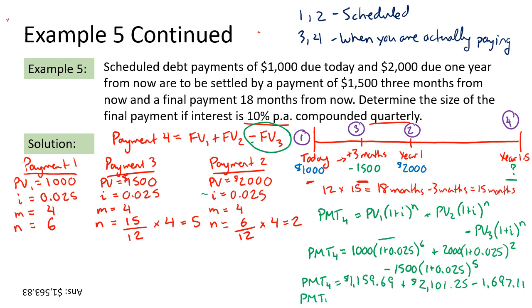So if you put those in your calculator, you get that your final payment to pay off your debt must be $1,563.83. Okay? So that means that if you pay that off at this final period of time, 1.5 years from now, that's the remainder of what your balance would be.